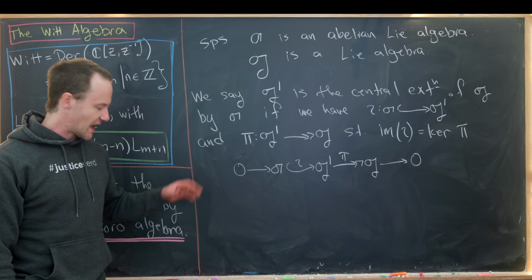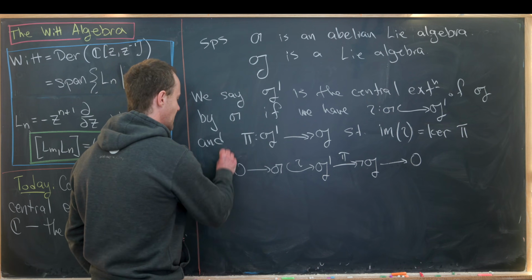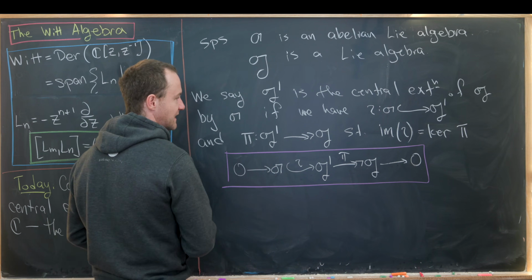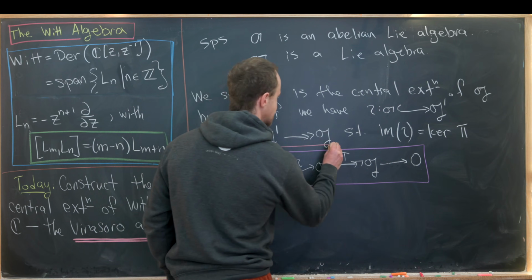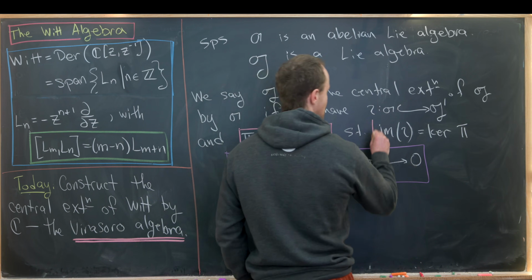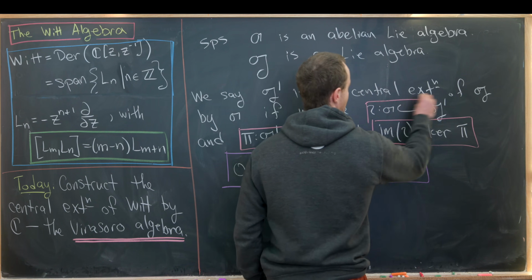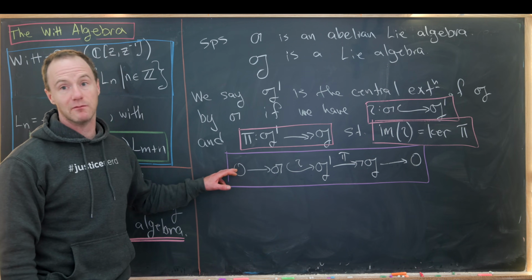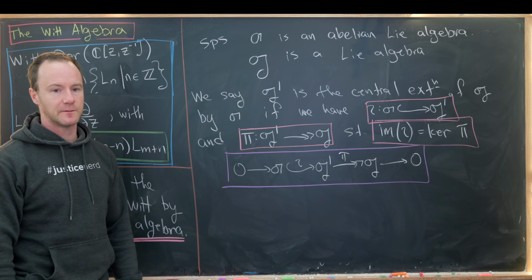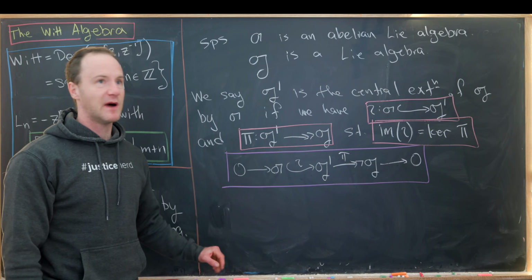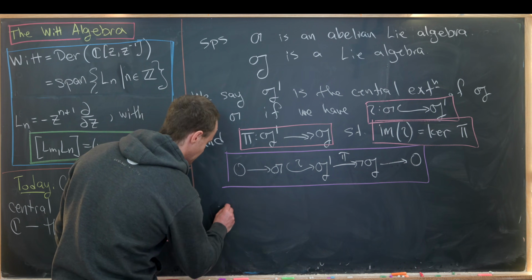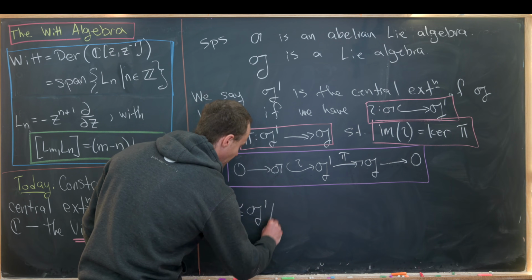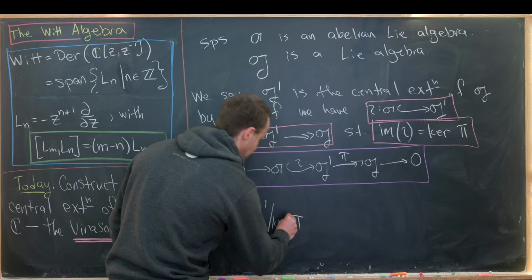Okay, so now we're kind of in a good place. Maybe I'll put a box around this and note that that goes hand in hand with the 3 boxes around these things right here. So this is a shorthand, kind of more modern way of writing that down. Another thing that we notice is by the first isomorphism theorem, we have G is isomorphic to G prime mod the kernel of pi.